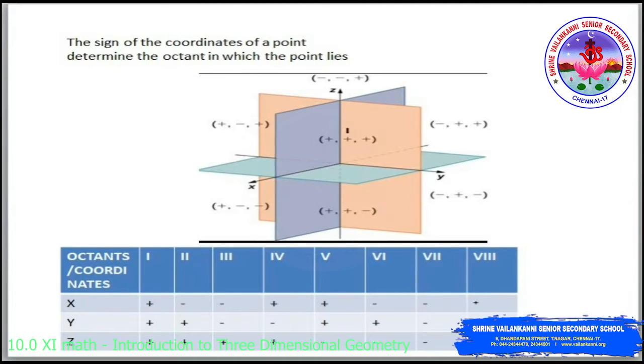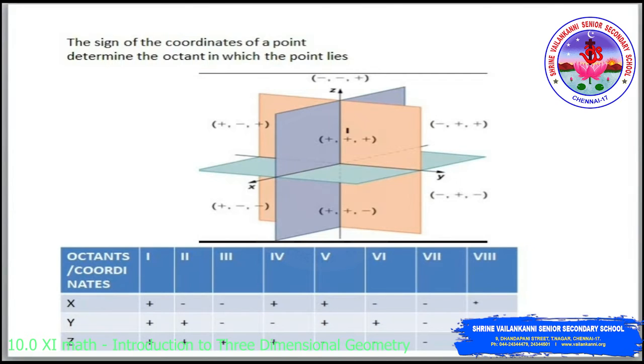In the second octant, x is negative and the remaining y and z are positive. In the third octant, x and y are negative and z is positive. In the fourth octant, x and z are positive, y is negative.